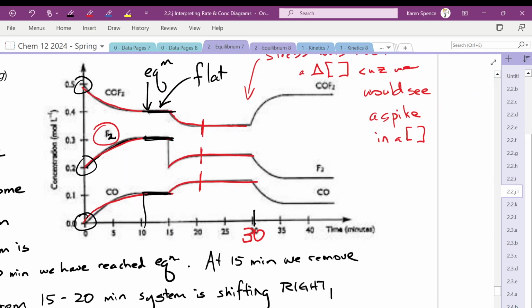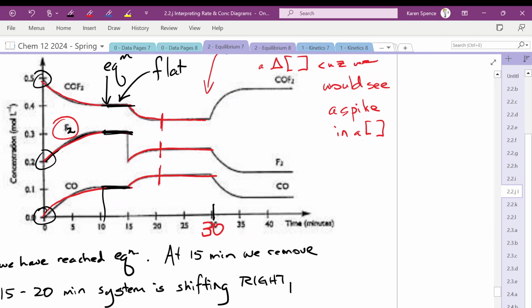That's lovely, but that's not what we're looking at here, is it? So it can't be a change in pressure because all the concentrations would spike.